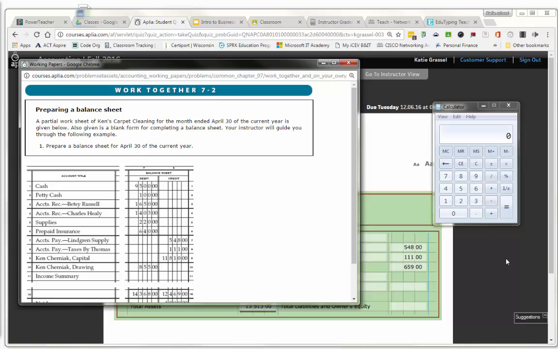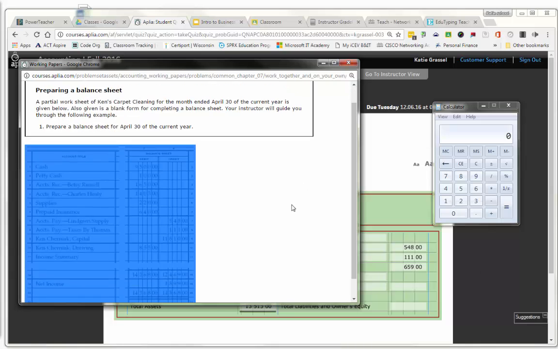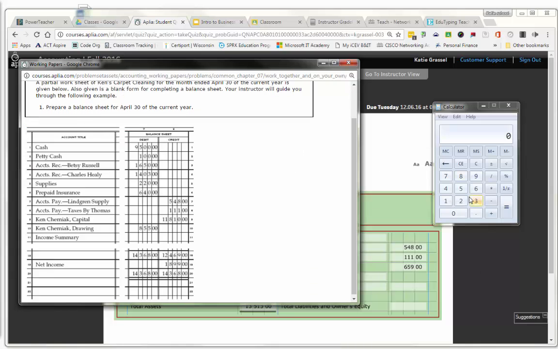So then I would subtract $855. The next thing that I need to do is I have to deal with my net income. Does a net income increase or decrease my owner's equity? Increase. So then I would add that $1,899. So I have to do math in order to get my capital to come out.